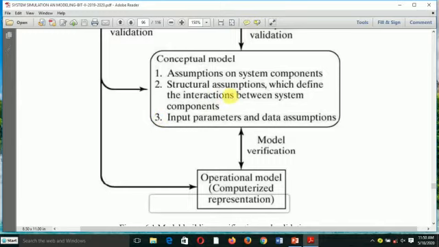You want to provide everything about the system: the assumption about the structure, the main components and the working process, and how the components interact between them.